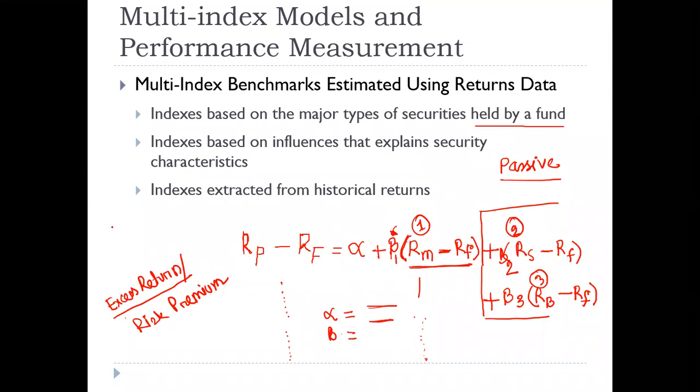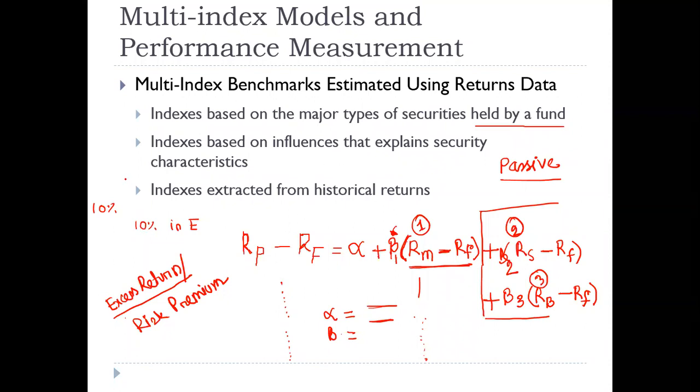It means that, for example, that index allocates 10% in the engineering sector. And if you're a passive portfolio manager, how much do you have to allocate in the engineering sector? 10%, or more than this, or less than this?